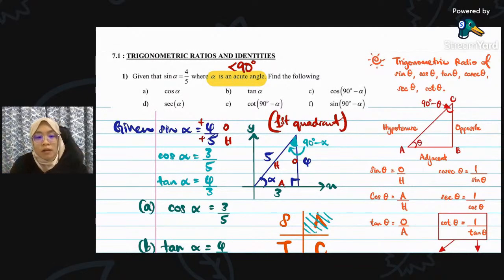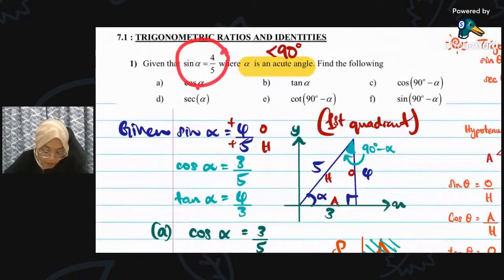Before we go to the cos alpha tu sendiri lah kan. Okay, you can see here, benda ni sangat penting. Kejap. So you can see here, sine alpha is equal to 4 over 5 is very, very important. Maybe I zoom it in. Can you see it?